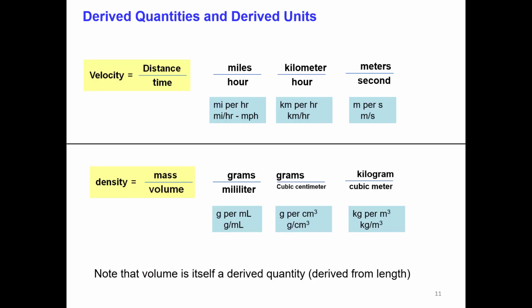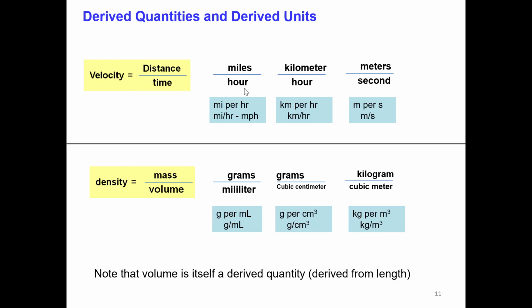In this case, we had two more derived quantities and derived units. One derived quantity is the velocity, and the velocity is the ratio between distance and time. Remember, distance is a length, and time; these two are the basic quantities, length and time. Then what are the possible units for velocity?